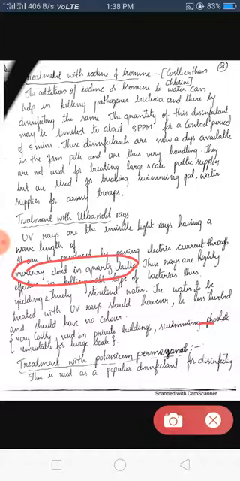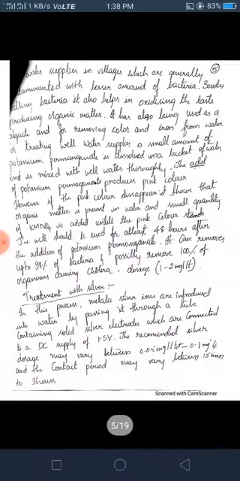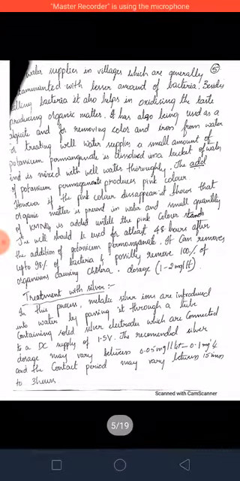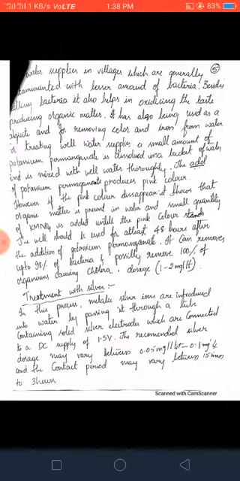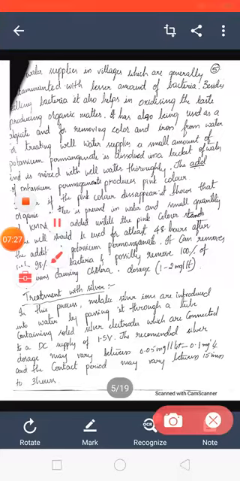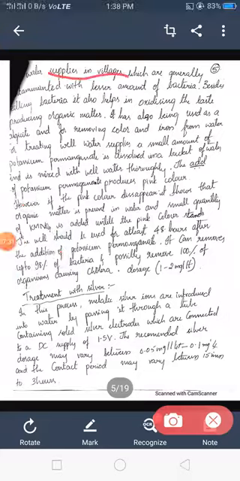And next, treatment with potassium permanganate. This is used as a popular disinfectant method, usually in villages, where the water is generally contaminated with a lesser amount of bacteria.